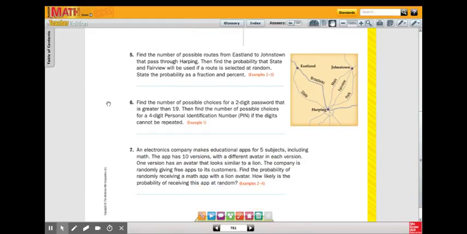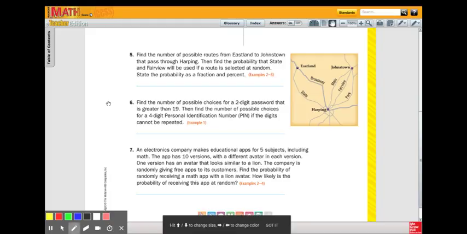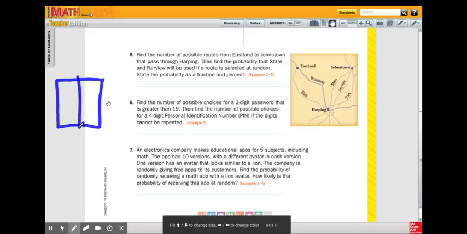Number 6, 2-digit password. Find the number of possible choices for a 2-digit password that is greater than 19. So you've got to think, you've got 2 digits. How many would there be if it's got to be greater than 19?